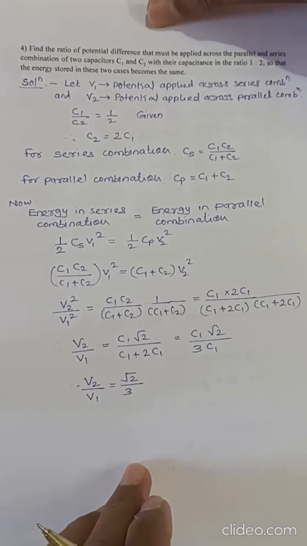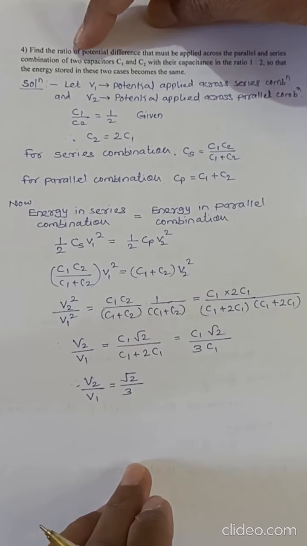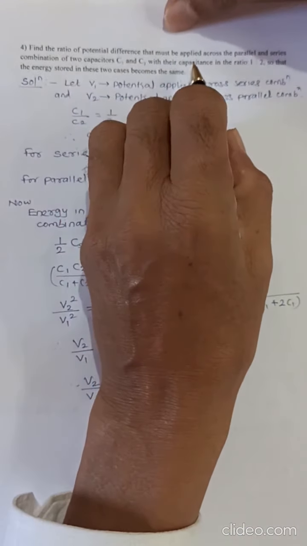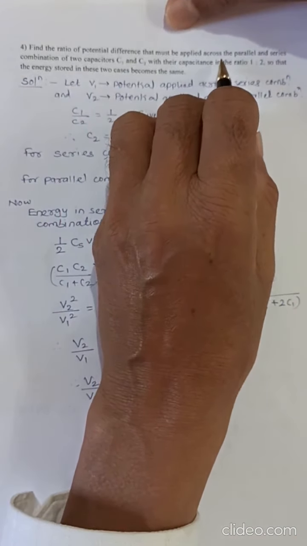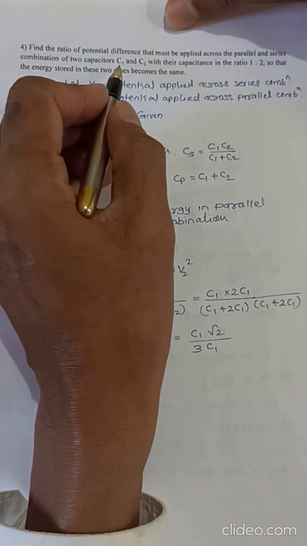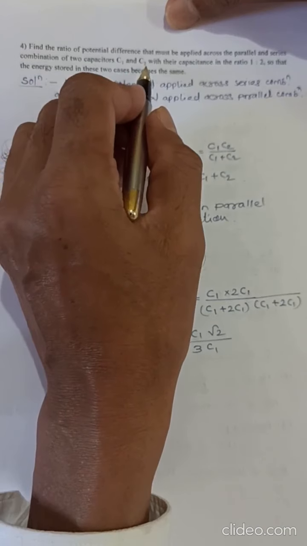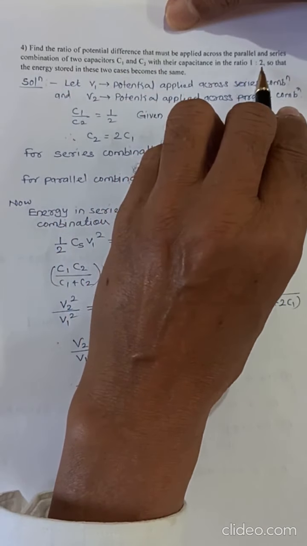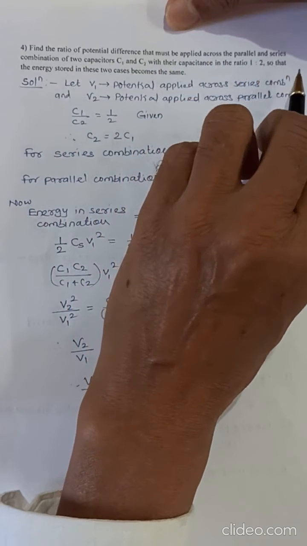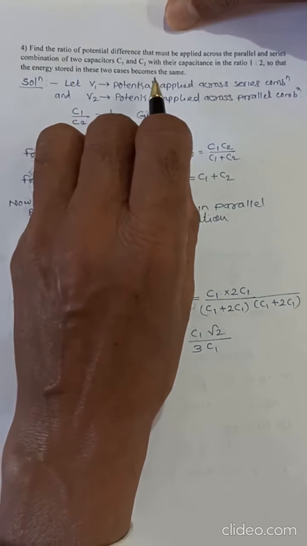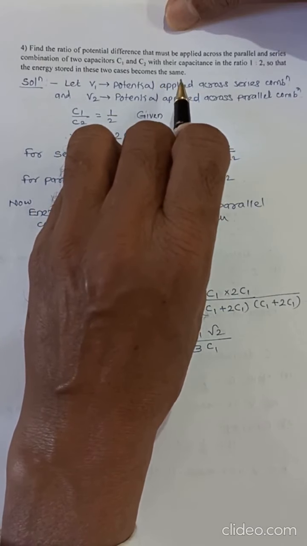Next numerical: find the ratio of potential difference that must be applied across the parallel and series combination of two capacitors C1 and C2, with their capacitance in the ratio 1:2, so that the energy stored in these two cases becomes the same.